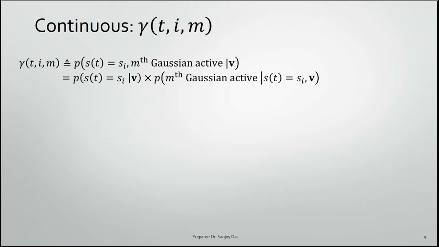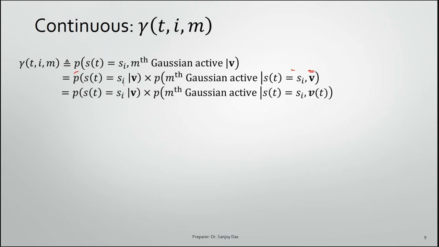The first probability we already derived an expression for, and now we are going to derive an expression for the second factor here, which is the probability of the mth Gaussian being active given S_t equals S_i and the output sequence V. Now, since each state i has its own separate GMM, this condition need not be over the entire output sequence V. It can only be V at the specific time instant t.